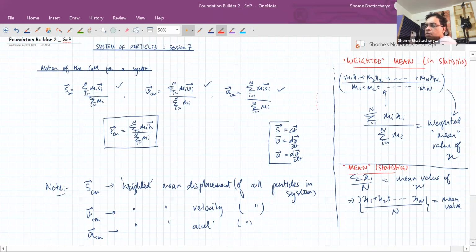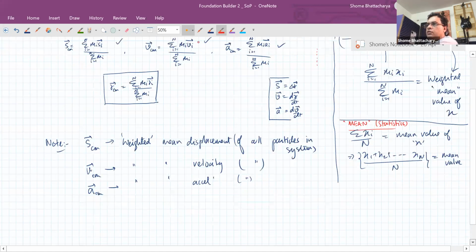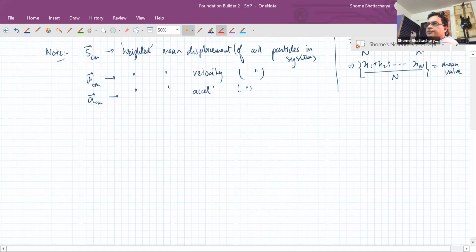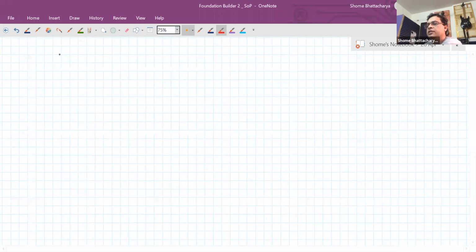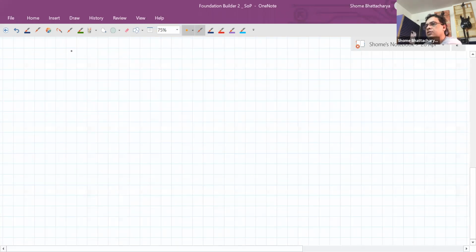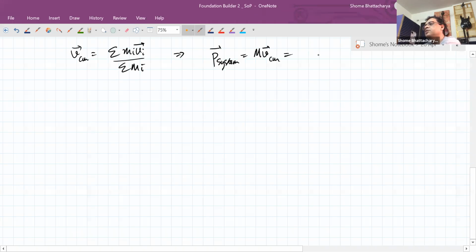Then one more thing that we had seen, which was very important. Moving forward, the second thing that we had seen is that this equation, velocity of center of mass is summation mv, or weighted mean of the individual velocities. This also means that we can define the linear momentum of the system as total mass into velocity of center of mass, and that becomes summation of mv for all the particles.